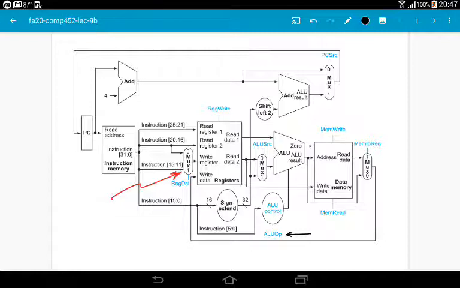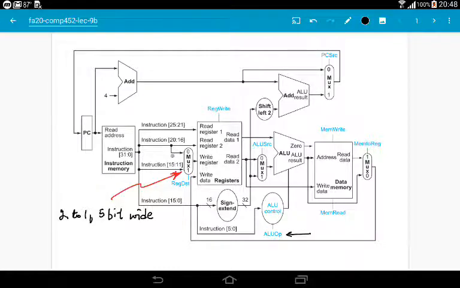This is a 2 to 1 mux, a 2 to 1 5-bit wide mux.